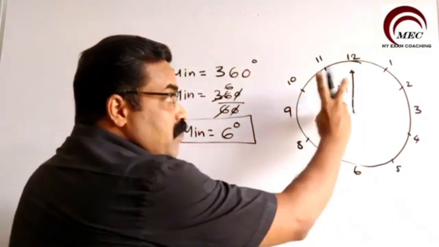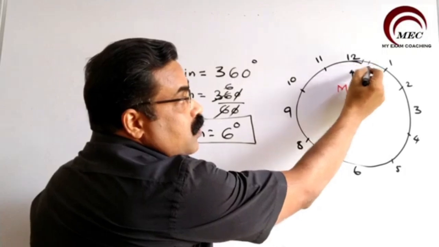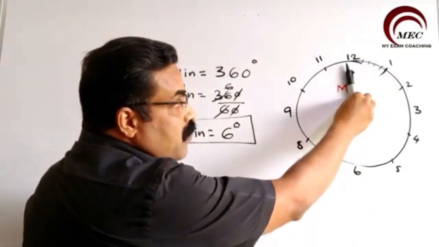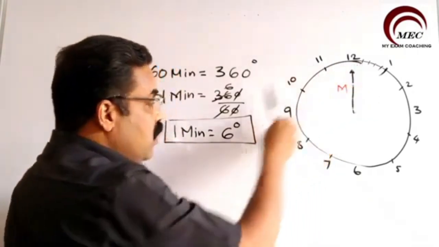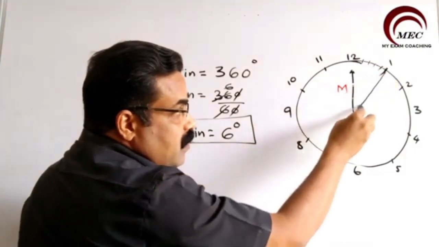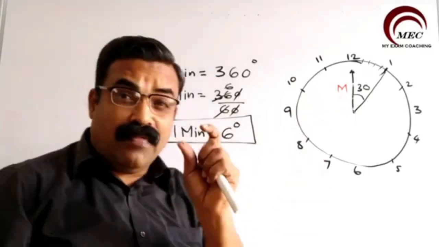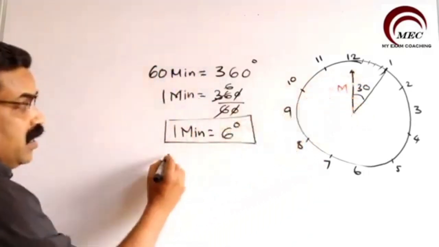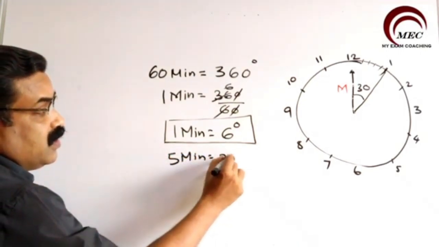When the minute hand moves 1 minute, 1 minute is 6 degrees. So 5 minutes will be 6 into 5, and this angle will be 30 degrees. Understand very clearly, 1 minute is 6 degrees, therefore 5 minutes will be equal to 30 degrees.